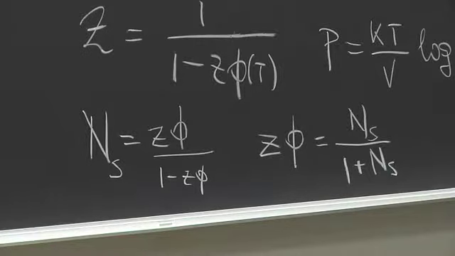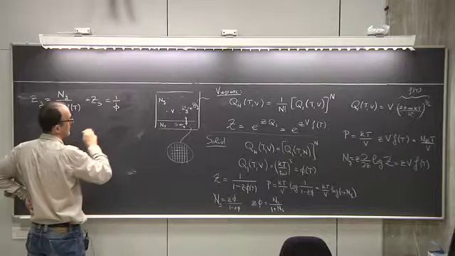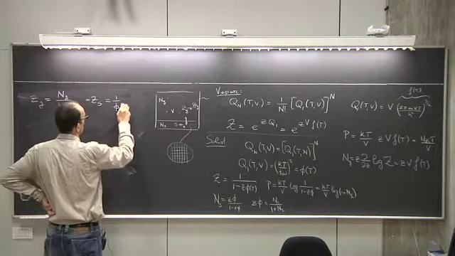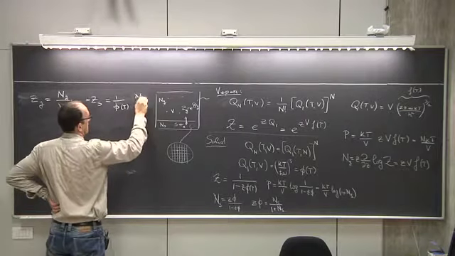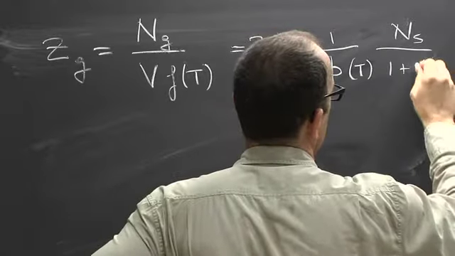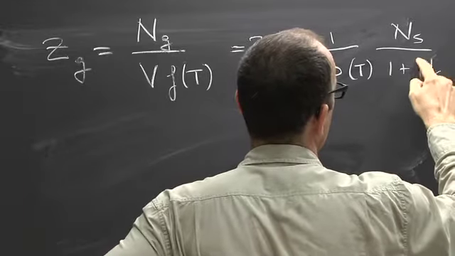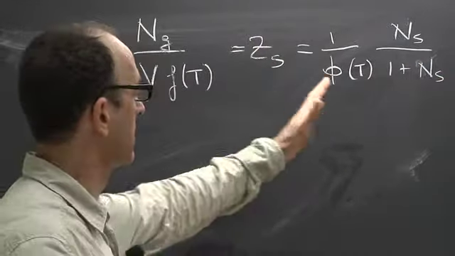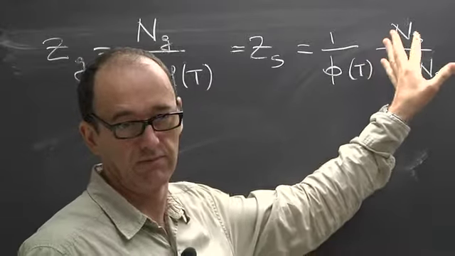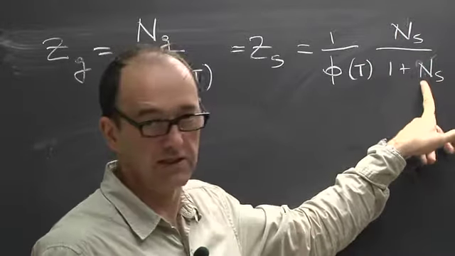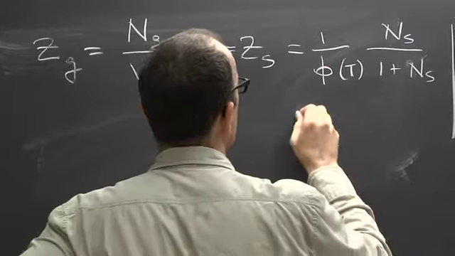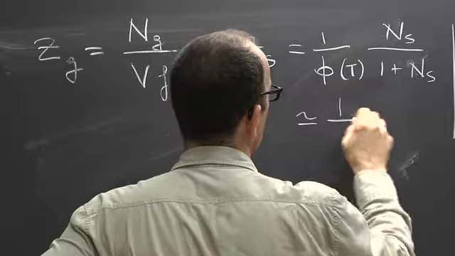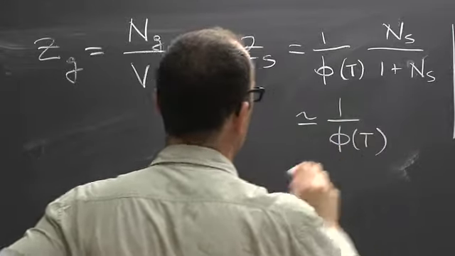So z of the solid is 1 over φ of T times Ns over 1 plus Ns. So this is essentially equal to 1, since this 1 is much less than Ns. Ns is of order 10 to the 23. So this is essentially equal to 1 over φ of T.